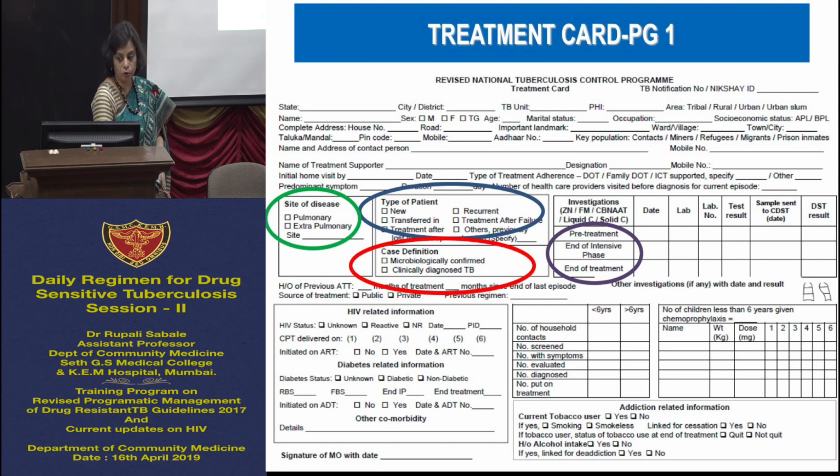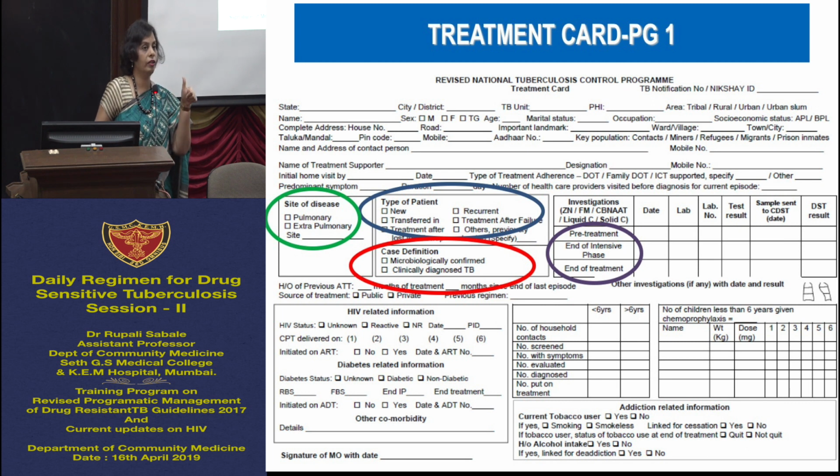This is how the treatment card looks. I am not going into detail about this treatment card, but this is what as a doctor we should know: whether it is pulmonary or extrapulmonary, as we learned about the diagnostic algorithm. We should be able to categorize whether it is a new patient, now we call it a recurrent patient, and these are the different types of patients where we have to tick mark.